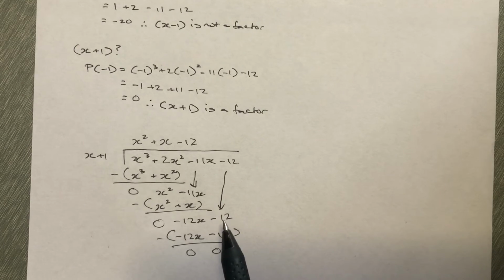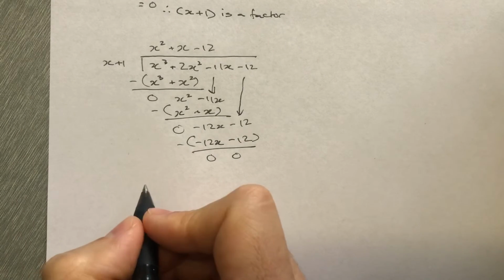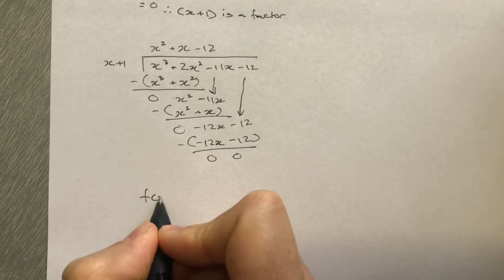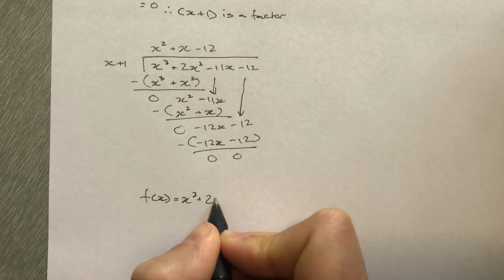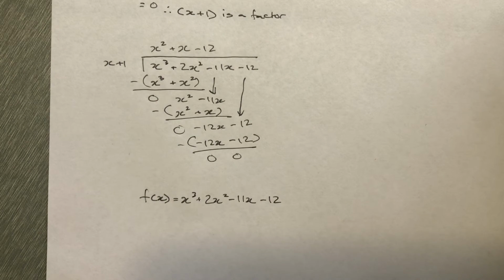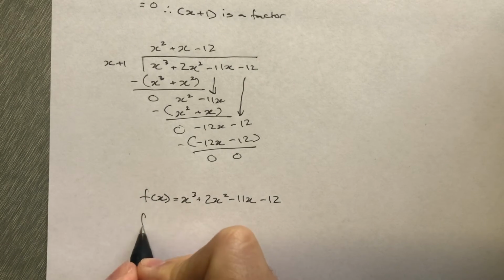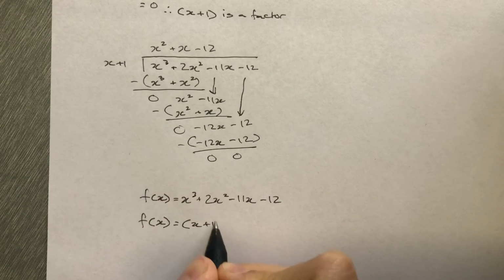So I just want to clear up where we started and where we are now. Initially we had this rule. Now that we've factorised partially, we have our x plus 1 as one factor.